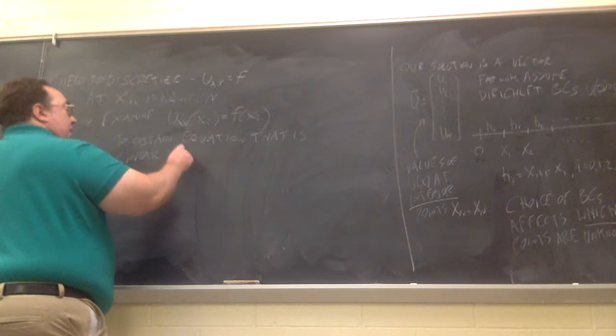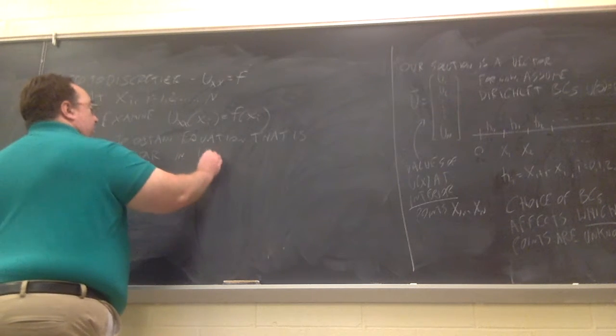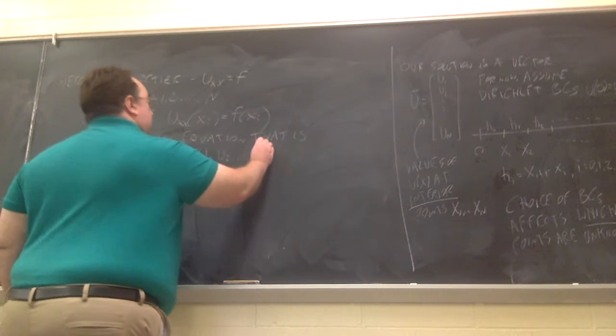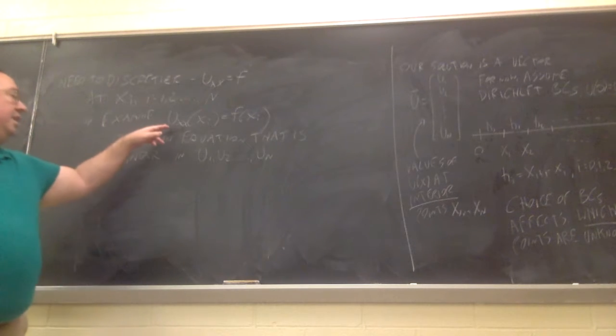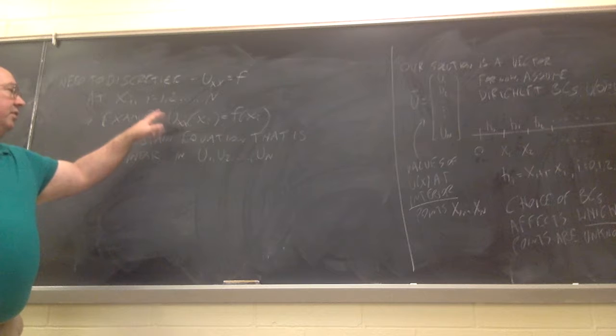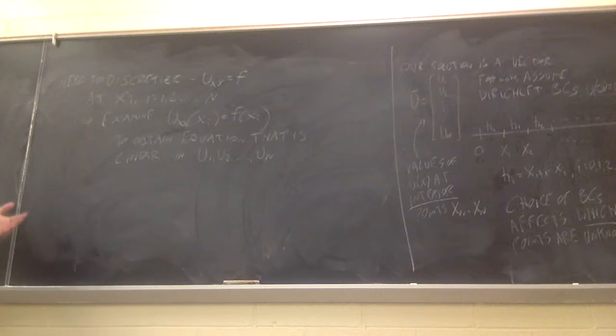So it must be linear in all of the unknowns, u1, u2, up to un. Now the right side is no problem. F is given, so I can plug xi into f and get my right-hand side value. So a right-hand side, not a problem.